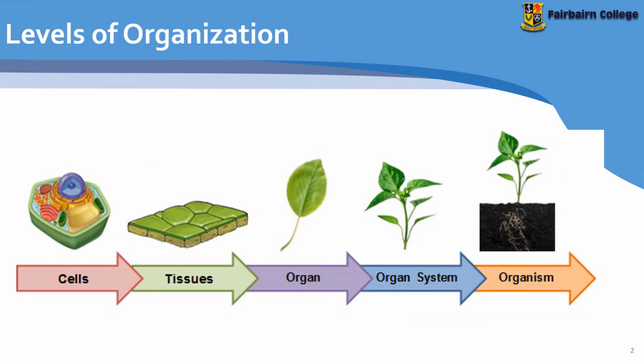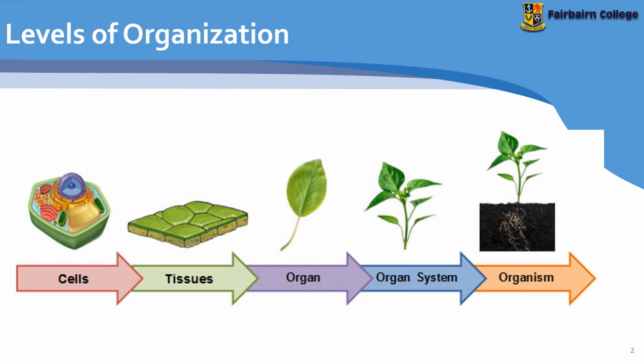So if we have a look at the journey that we've taken up to this point to try and understand how plants work, then we started this journey looking at how cells are different between plants and animals, and we looked at the cell structure of plant cells and the cell structure of animal cells.